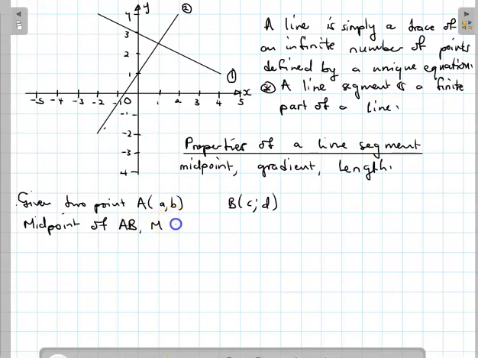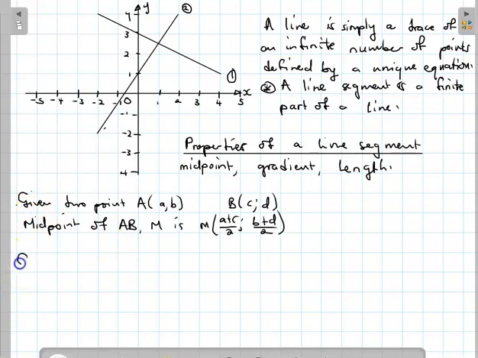M has coordinates ((a plus c) over 2, (b plus d) over 2). So you add the x coordinates and divide by 2. That gives you the x coordinate of the midpoint. Then you add the y coordinates and divide by 2. That gives you the y coordinate of the midpoint.